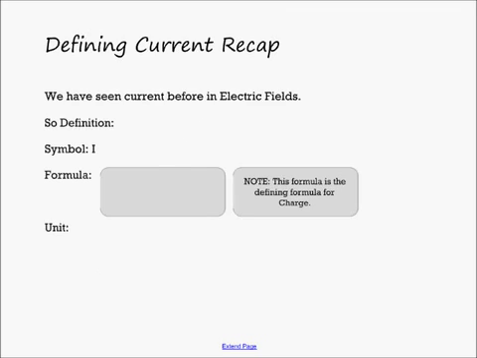Now, defining current. Essentially we define current the same way we define charge. Charge is supposed to be defined first with the formula we're going to look at, but it can be used both ways. But be aware that this is actually the definition for charge, as mentioned down here.